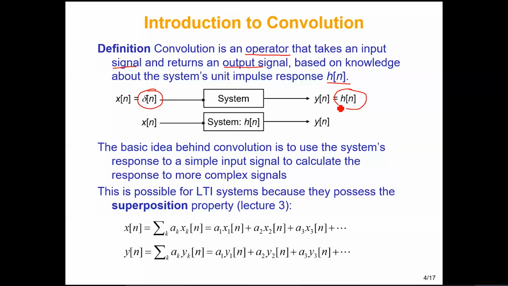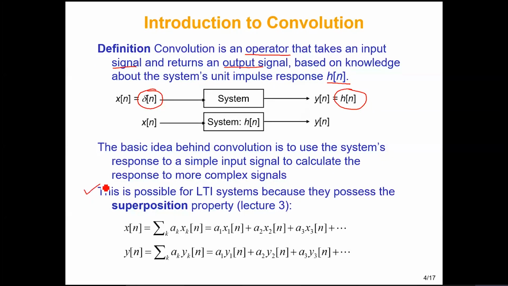We just tend to call it impulse response h of n. So if h of n is known and x of n is known, we can find out the output for any given discrete time input. The basic idea behind convolution is to use the system's response to simple input signals to calculate the response to more complex signals.